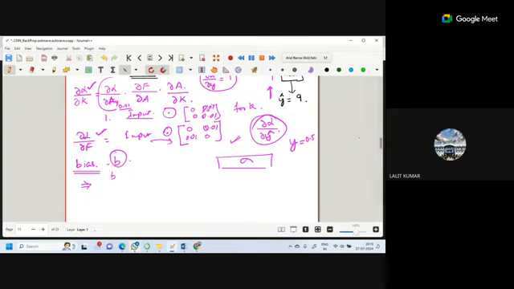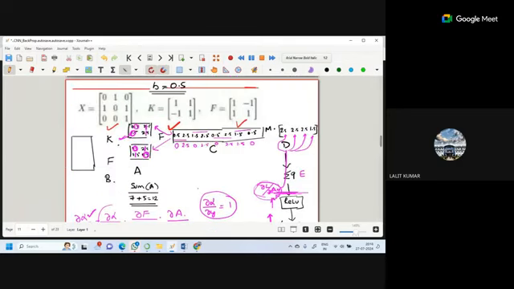So B for K will become B minus the summation of del L by del A K, and B for F will become B minus the summation of del L by del A F. What does it mean, A K and A F? This is A K and this is A F.